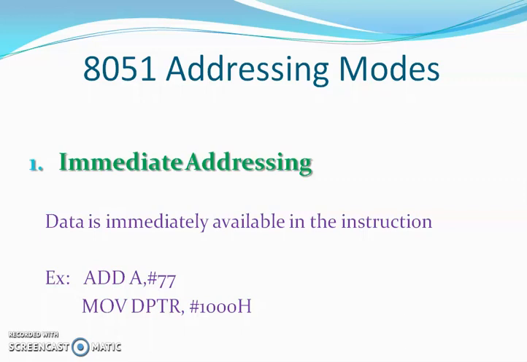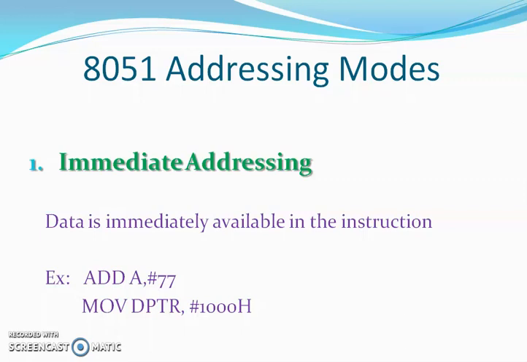Now let us consider an example: add a, #77. This instruction is read as add a, immediate 77. The meaning of this instruction is that the first operand will be present in a, which is our accumulator, and the second operand is 77.